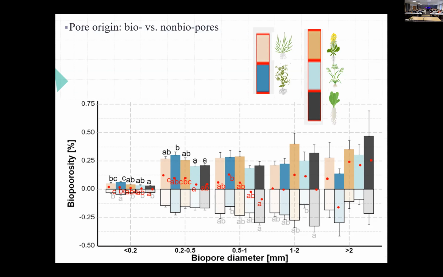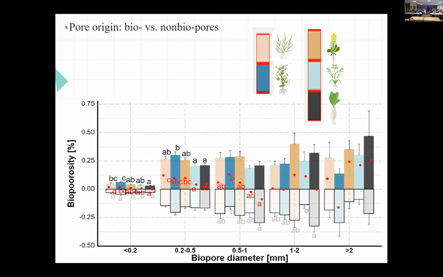But something that I haven't mentioned before is that he could look at the biopores and their size distribution, but he also could look at what happens with those biopores. And this figure from his paper described that.